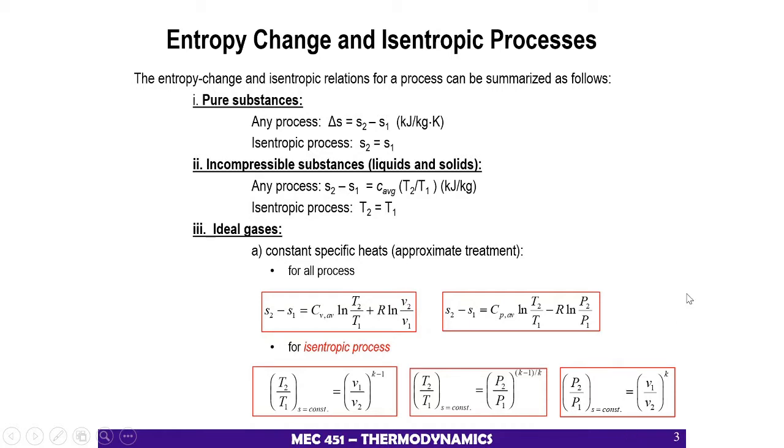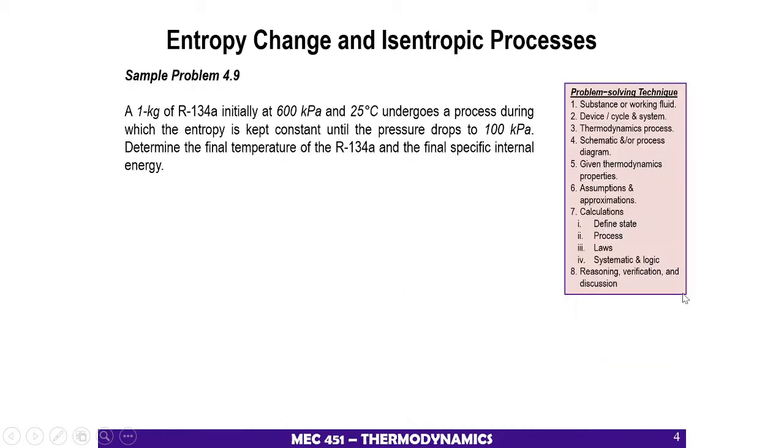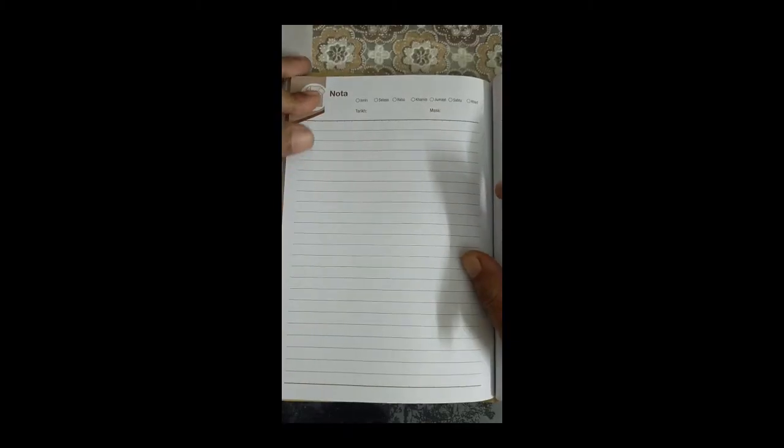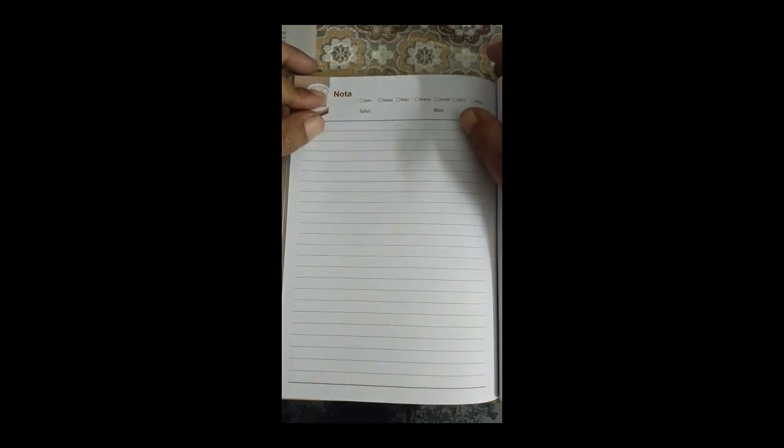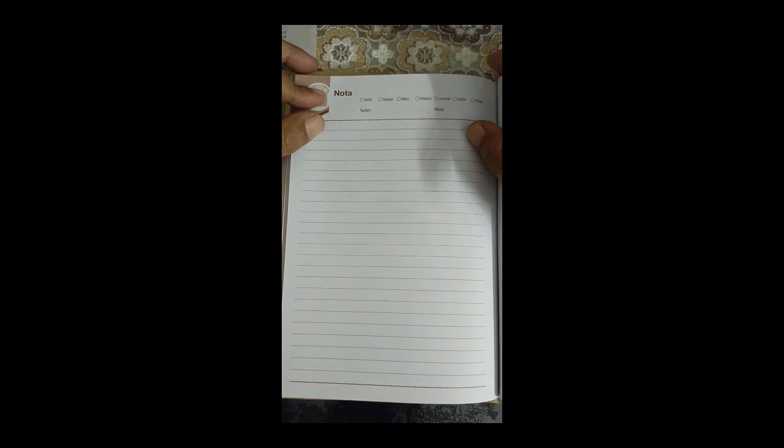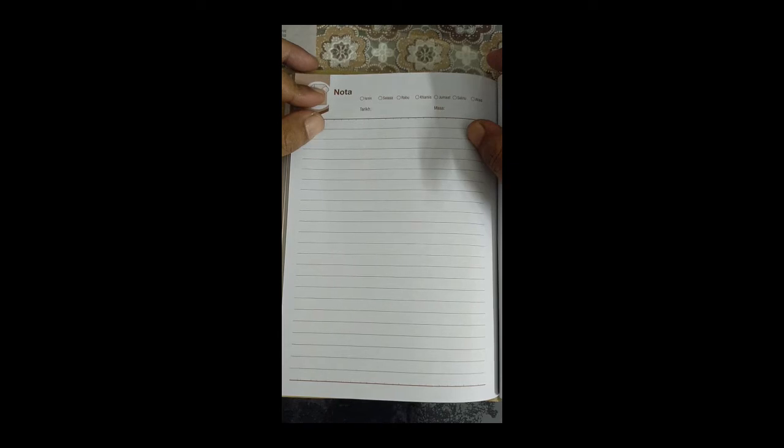Alright. Sample problem 4.9. 1 kg of refrigerant R134A initially at 600 kPa and 25 degrees Celsius undergoes a process during which the entropy is kept constant until the pressure drops to 100 kPa.